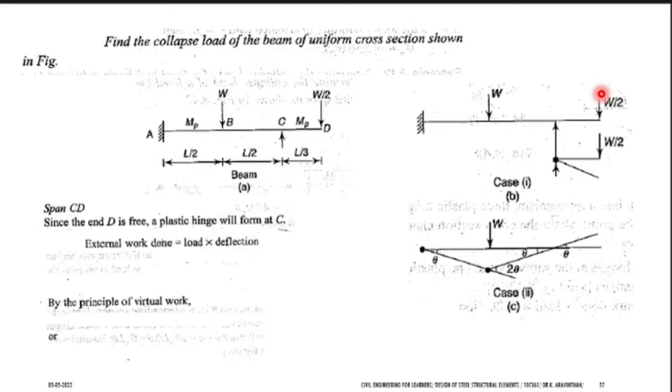For a simply supported beam, it is at the load, find the difference. For a fixed beam, both the fixed end as well as the load. So you take it down as a note and remember it for all your problems. Since this is a cantilever beam, you have a plastic hinge at the support, which is MP here.